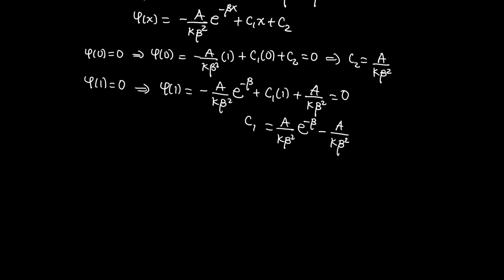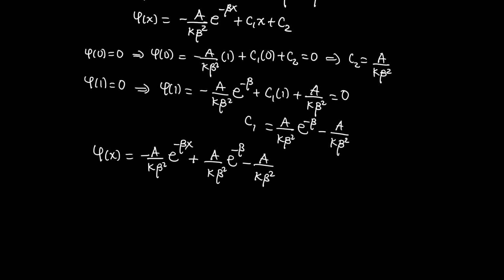Then from C1 and C2, phi x equals minus a over k beta squared e to the minus beta x, plus C1 times x, where C1 is a over k beta squared e to the minus beta minus a over k beta squared, plus C2, which is a over k beta squared.